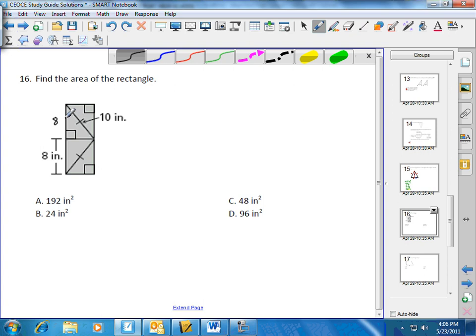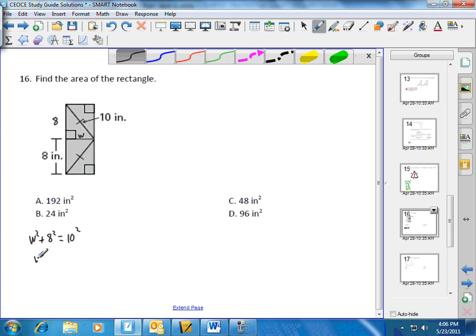I have 2 sides out of 3 for a right triangle, so again I can use the Pythagorean theorem to find the length of this leg. Let's just call it W for width. So w squared plus 8 squared is equal to 10 squared.